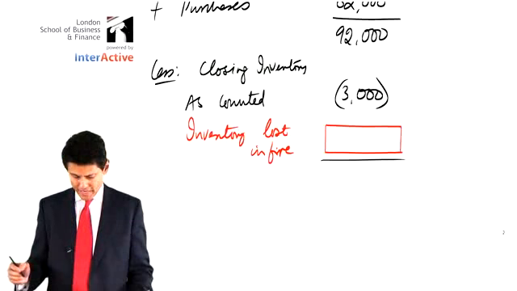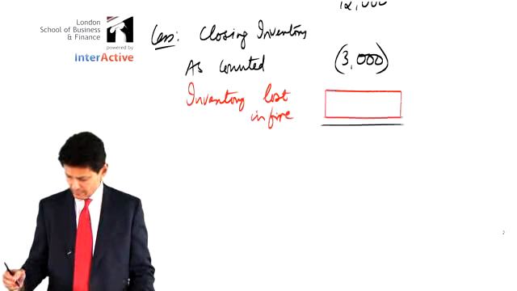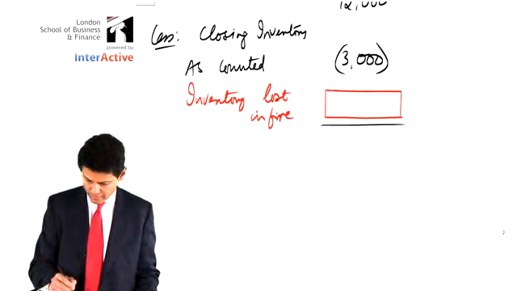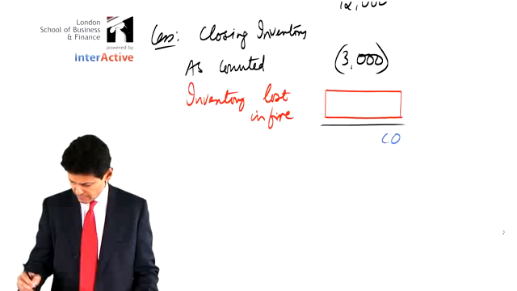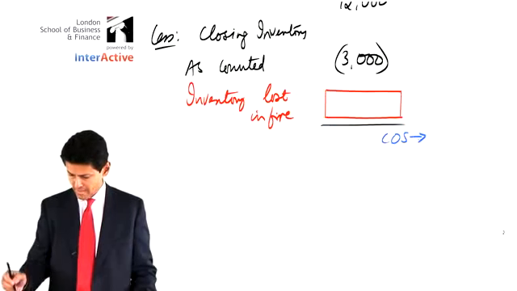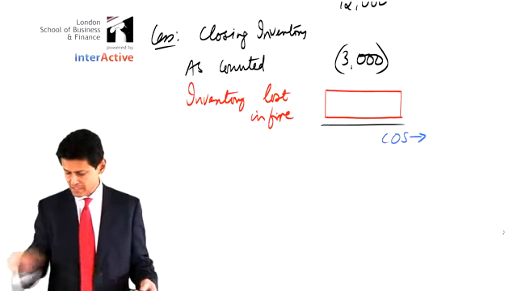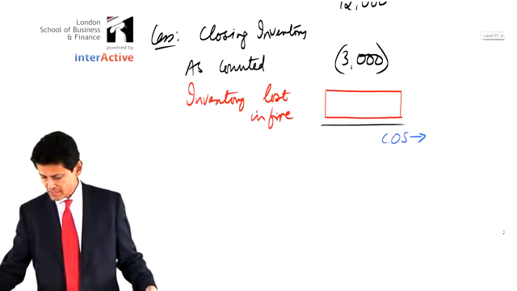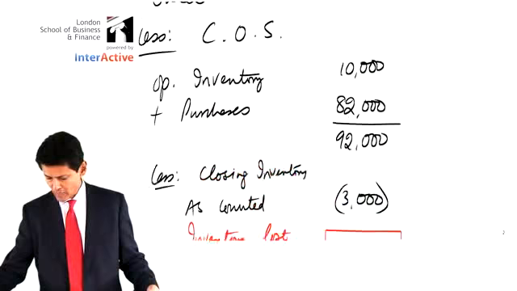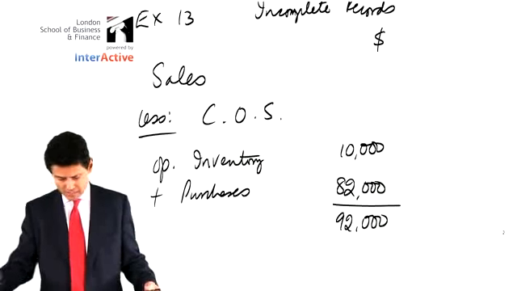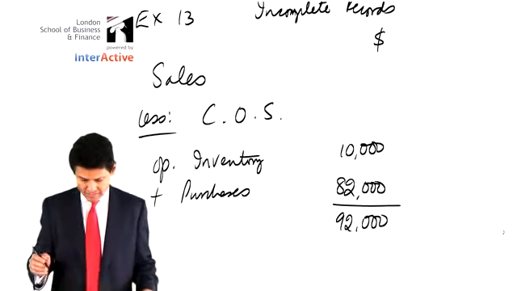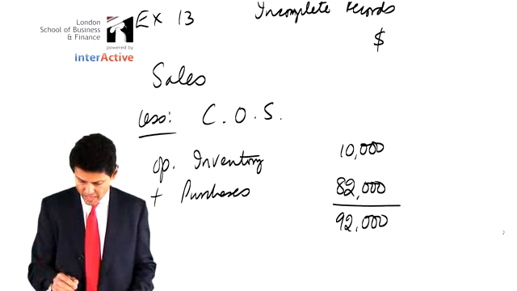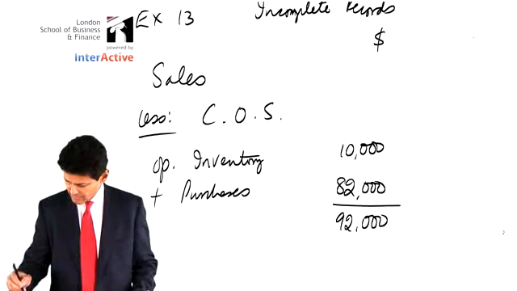And so once you take these numbers away, this figure here, I suppose, is cost of sales. Now, miles upstairs somewhere, 5 or 6 lines upstairs somewhere, we had a sales figure, and that's given in this question at 100,000. Mustn't forget to bring that in.